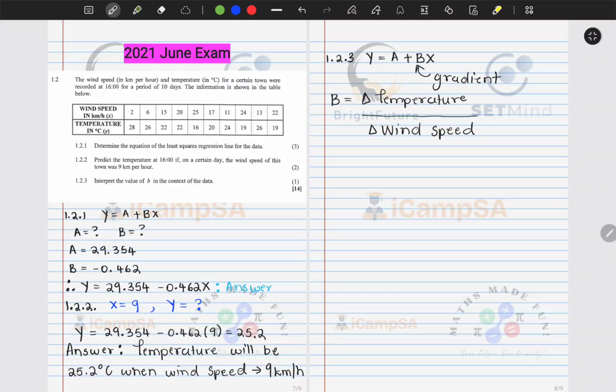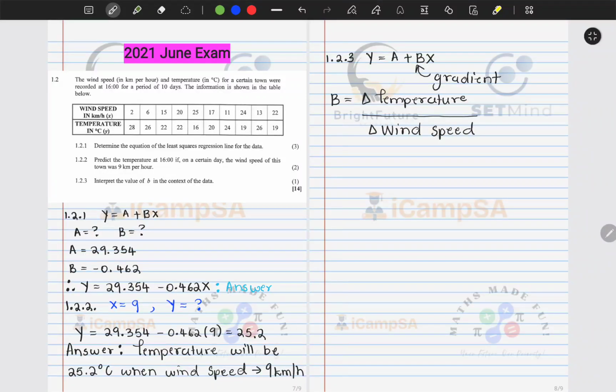So what we can say, it is the average change in temperature per kilometer. Okay, let's think about it carefully. So it's the average change in temperature per kilometer, so wind speed is kilometer per hour. So per kilometer per hour. So that is what we can say.